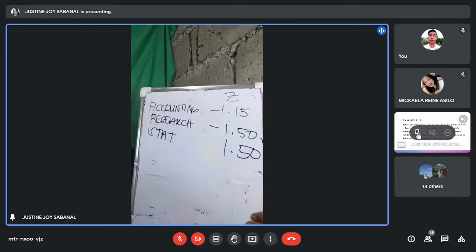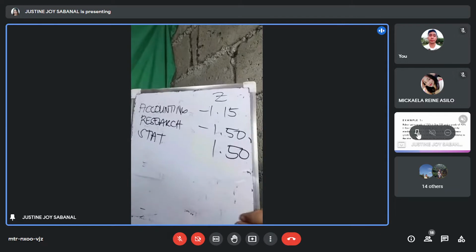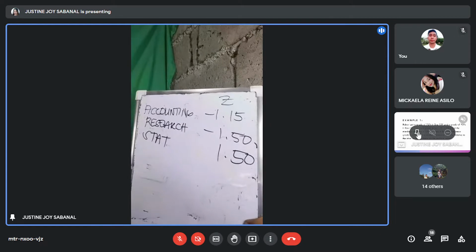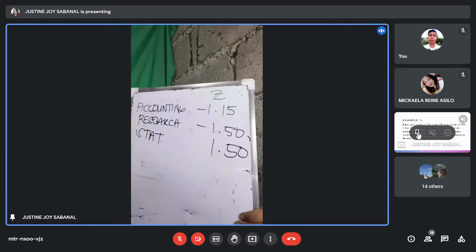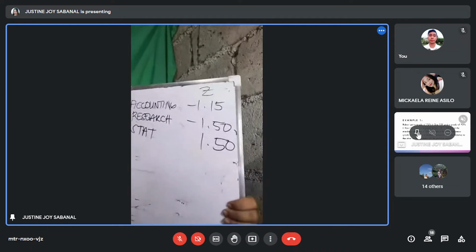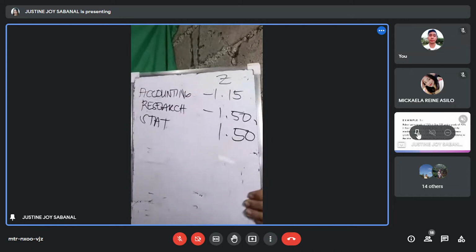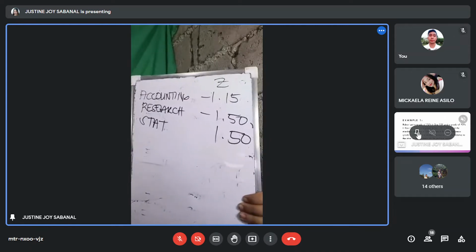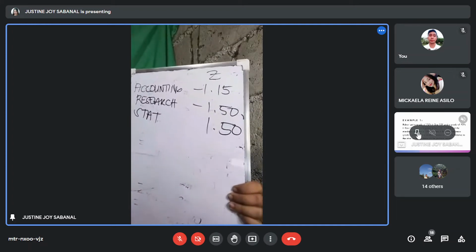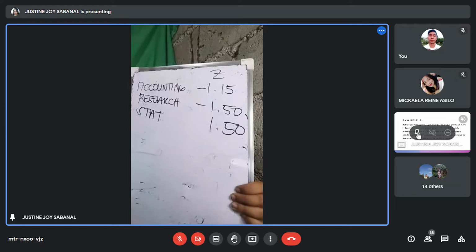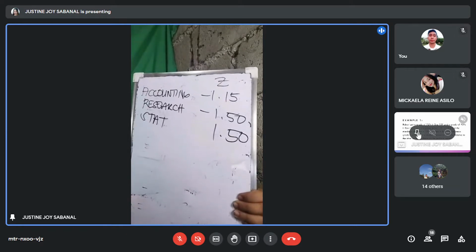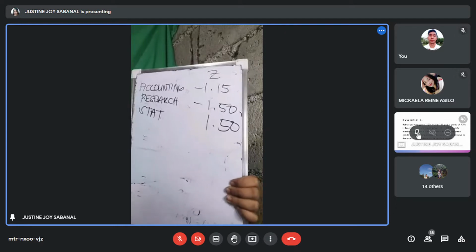So, yung aspeto uli ng pagkuha, ha? So, tiningnan kung gaano kabilis. Tapos, madadagdagan yung time niya kada magkakamali siya ng pagtatype. So, saan dapat siya ilagay? Sa accounting department, research department, or statistics department?